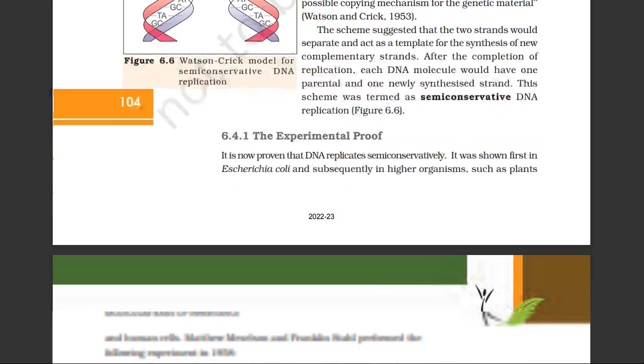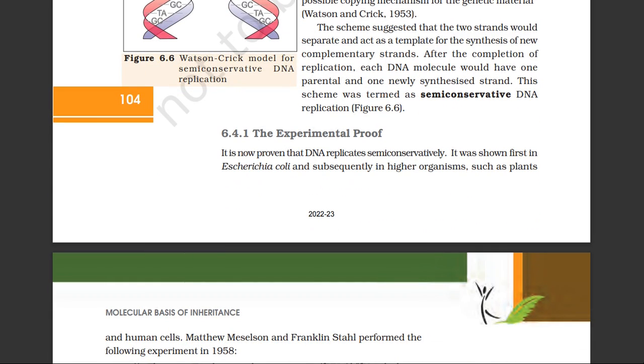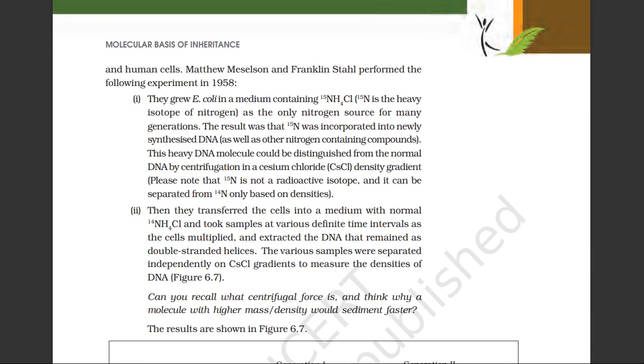6.4.1 The experimental proof. It is now proven that DNA replicates semi-conservatively. It was shown first in Escherichia coli and subsequently in higher organisms, such as plants and human cells. Matthew Meselson and Franklin Stahl performed the following experiment in 1958. 1.